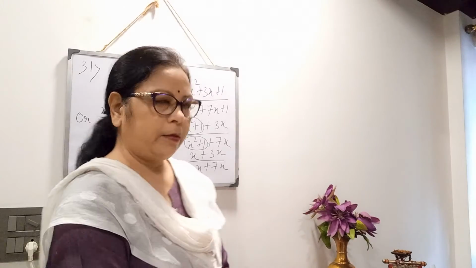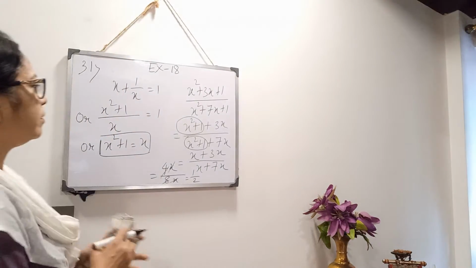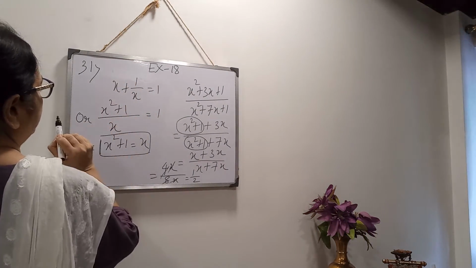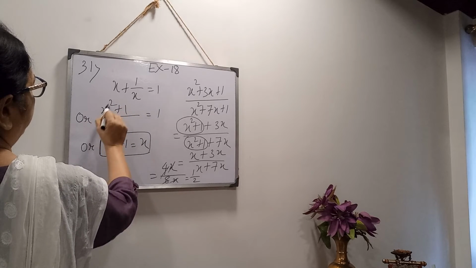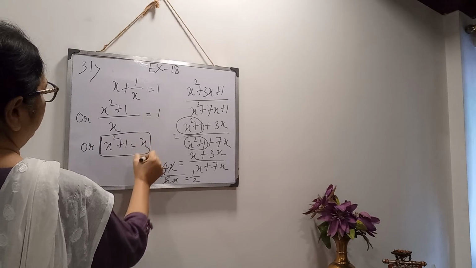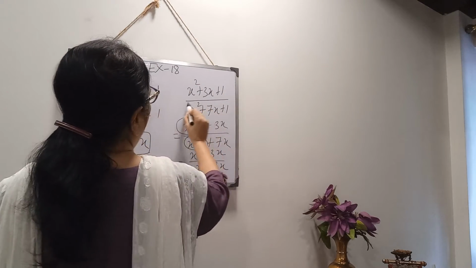Clear? This is a very interesting sum. Now, next one. You will practice this type. What is given, from there you have started. You take the LCM, then it becomes x square plus 1, then cross multiply and keep this portion in a box. And you have to find out the value of this.